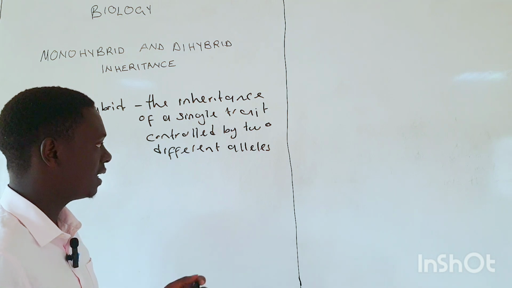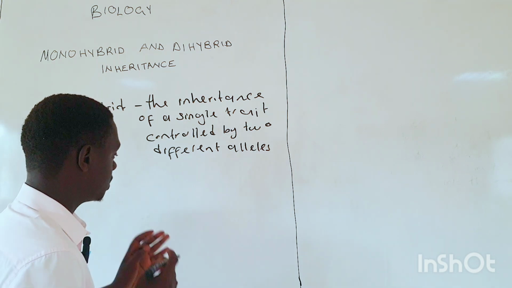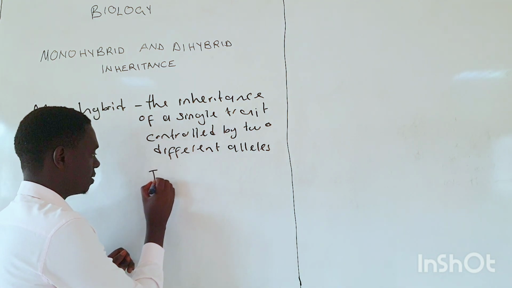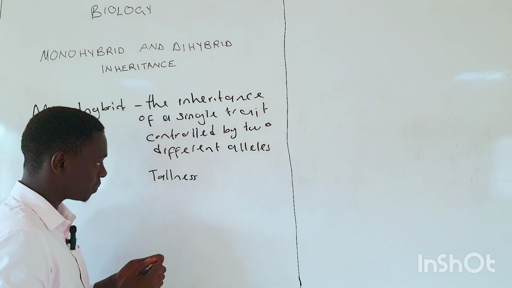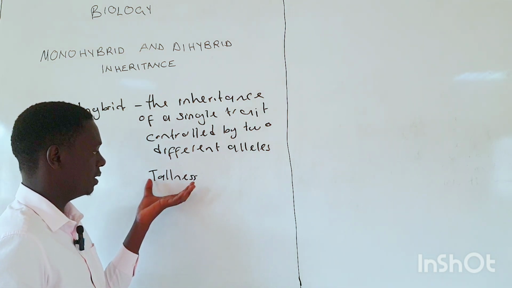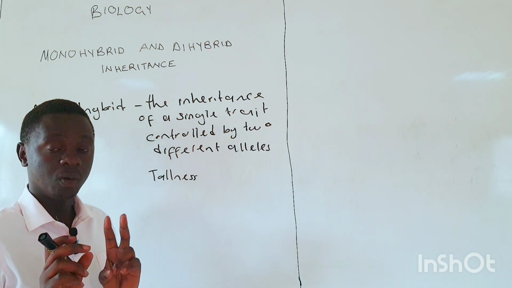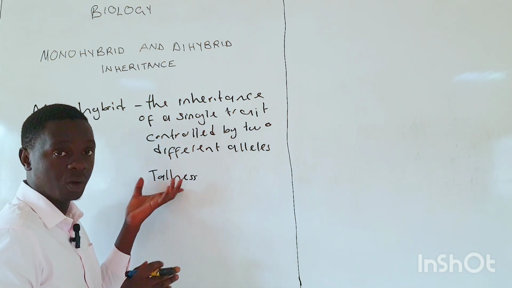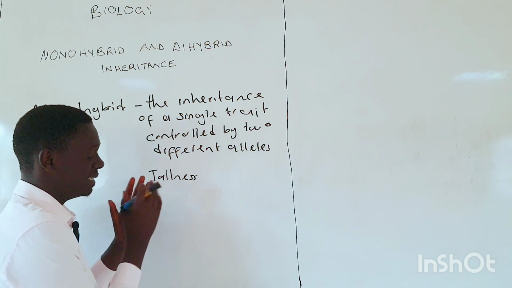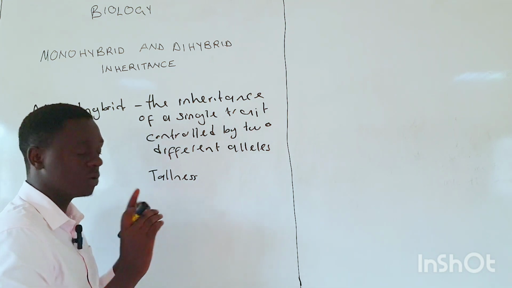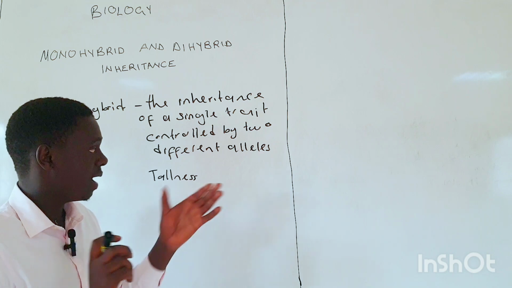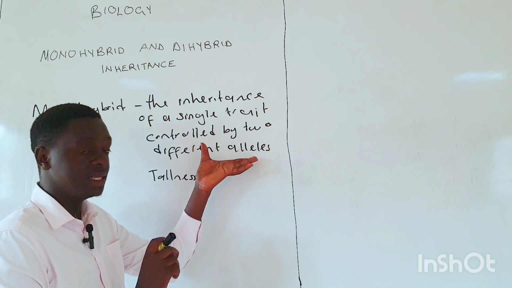By this I mean, take an example. Talk about tallness. This tallness can be controlled by two different alleles, but it is a single trait. In other words, it is a single characteristic controlled by two different alleles. An allele, we said, simply means a gene.